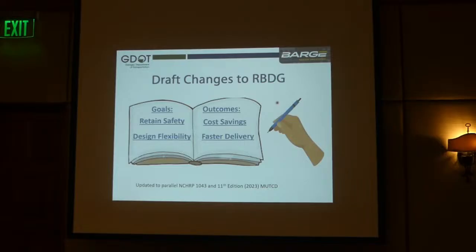Hopefully the outcomes would be cost savings, with lower design and construction costs, and faster delivery, so we can get them out into the field and open to traffic sooner. Along with our update, we plan on aligning with the updates to NCHRP 1043 and the latest MUTCD 11th edition.